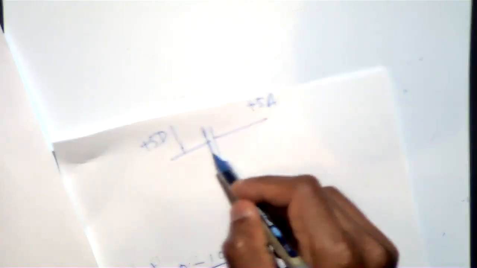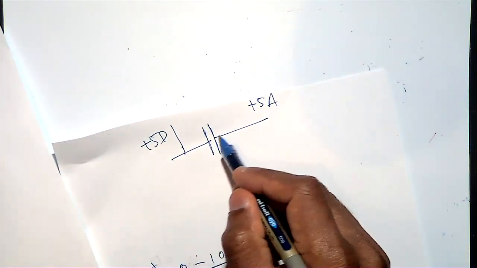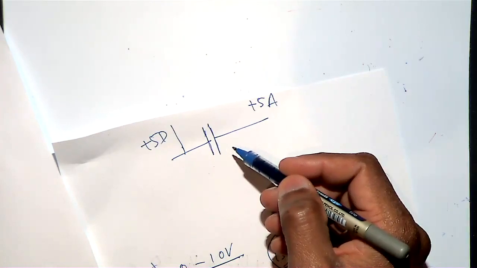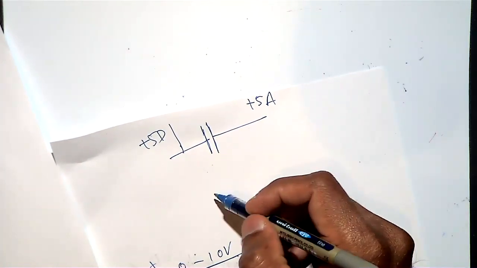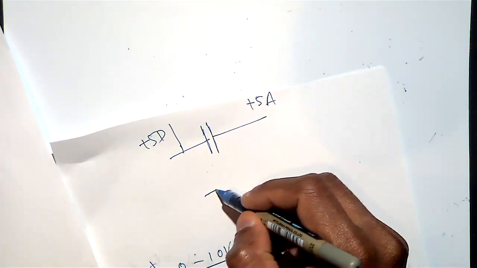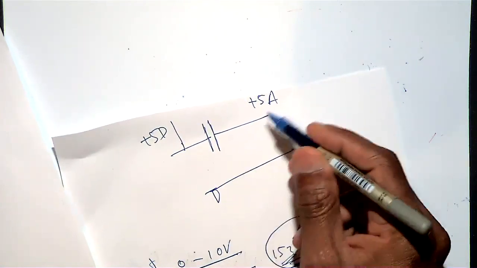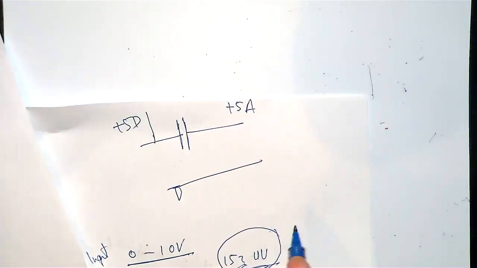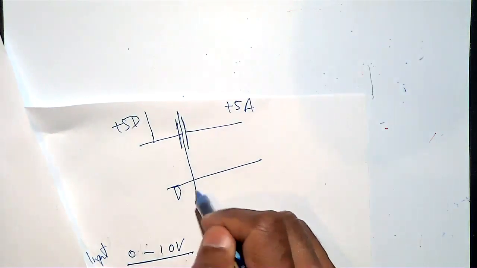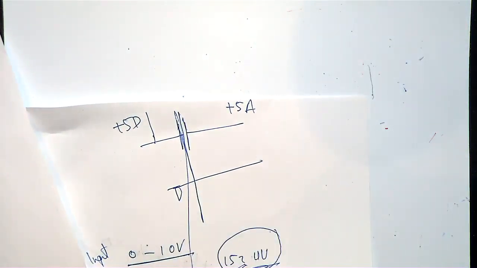If you are using a capacitor, the capacitor will block the DC. But then the problem is the ground you have to share again. But galvanic means both the supply rail and ground should be isolated. So that's called galvanic isolation.